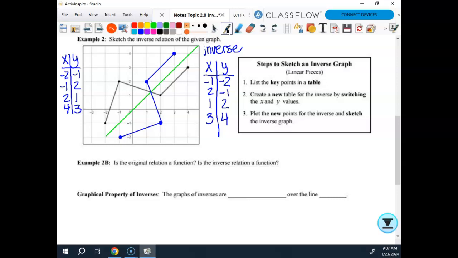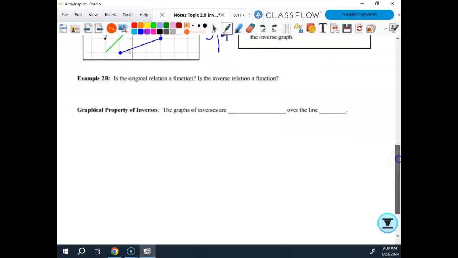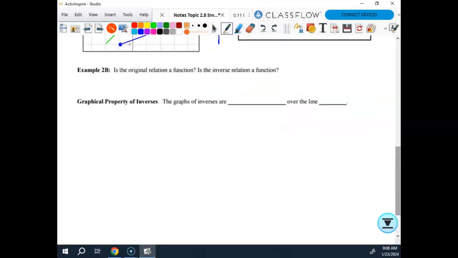All right, so the original one, the one that was graphed for us, is it a function? Yes, okay? And graphically, we usually look at the vertical line test, right? So saying, hey, the first one, it's a function, it passes the vertical line test. That's not really the mathematical reason why. I'm going to start over here, because I should have moved this second row down and I didn't, so there's not a lot of room to write here.